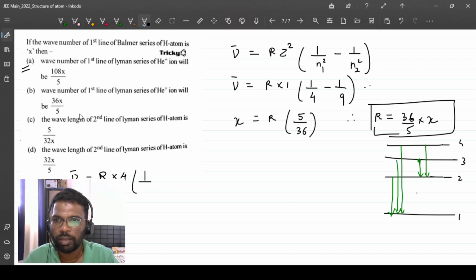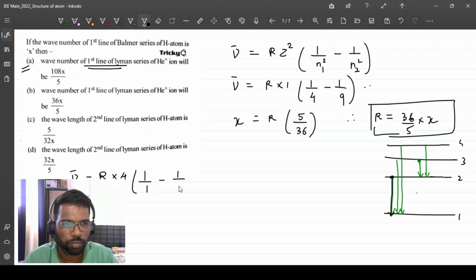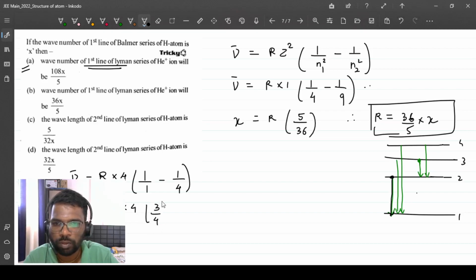So 1 upon n1 square, first line of the Lyman series, means n1 is 1, right? And n2 is 2, so 1 upon 4, because 1 upon 2 square, right? So this will be R into 4 into 3 by 4.